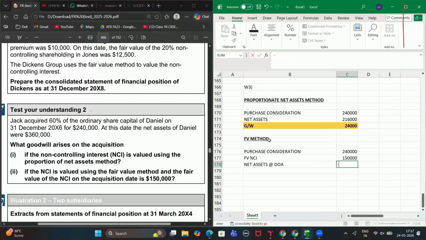It is 360,000, because we are calculating this based on the fair value method, so we will take the full net assets. Okay. So what is the goodwill here? 30,000. Is this clear for those who didn't understand this? Everyone.